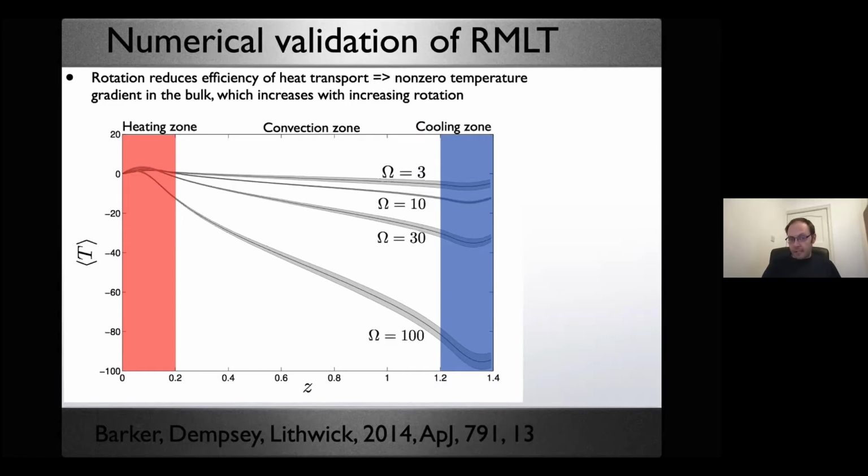So this does indicate, at least qualitatively by eye, that the idea of the theory is correct in the sense that it does predict that the convection is inhibited. To transport the same heat flux, you need a larger temperature gradient as you increase the rotation. So this is just qualitatively to show you what happens as you increase the rotation rate. The shading just indicates the fluctuations around the mean. And these are for different viscosities. So I'll indicate a little bit why we do need to vary that.